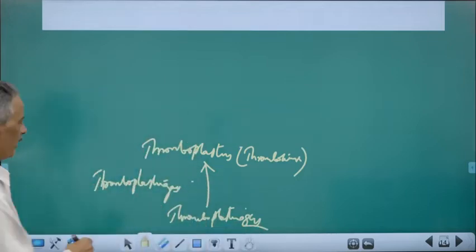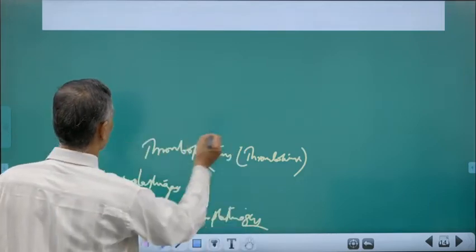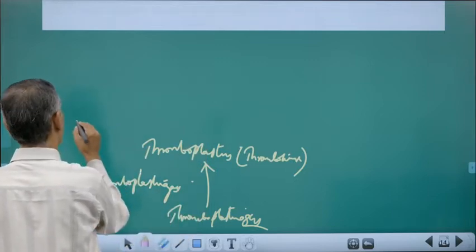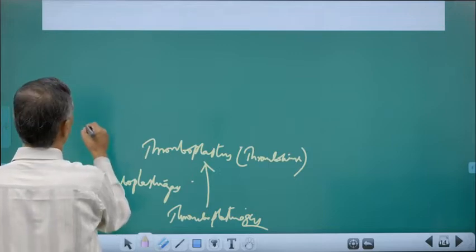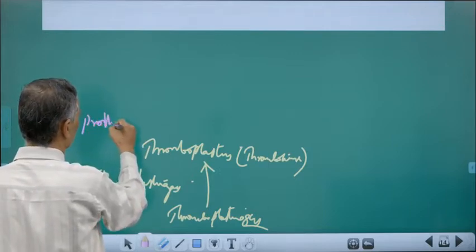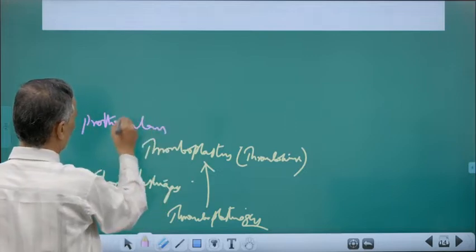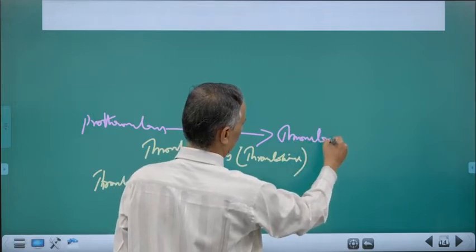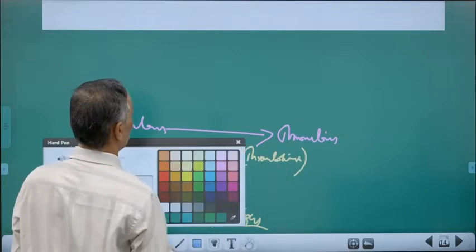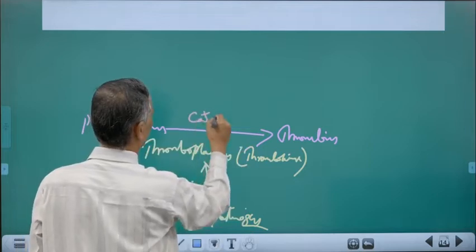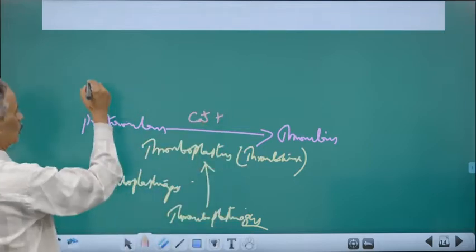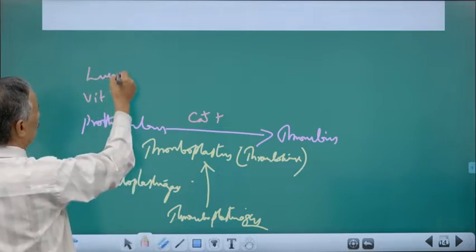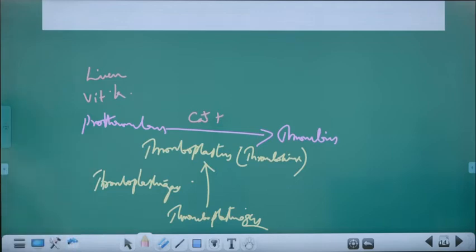This thrombokinase acts on a protein present in inactive form in blood, produced by the liver under the influence of vitamin K: prothrombin. This inactive prothrombin is converted into active thrombin in the presence of calcium. So it is in the liver that prothrombin is produced.